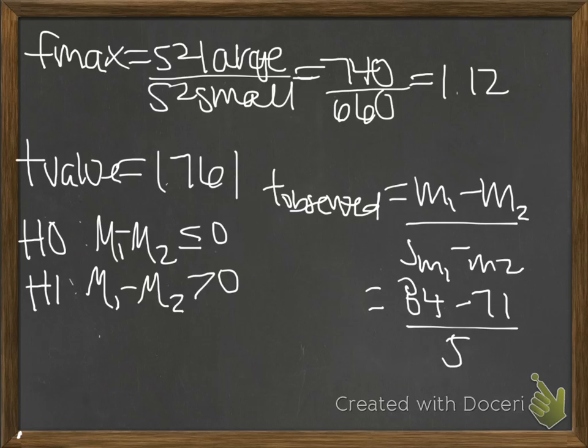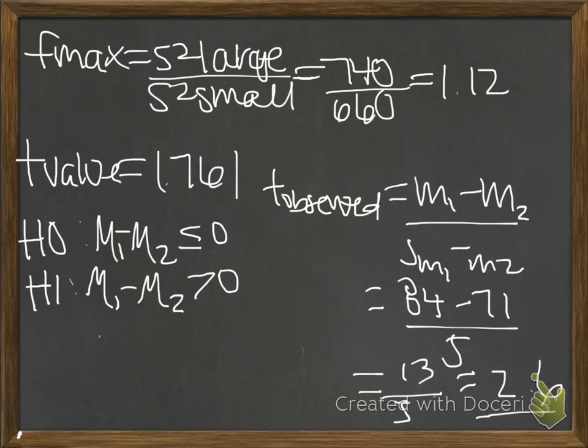We got the 5 from the estimated standard error, the 84 from the mean of type A in the chart, and the 71 is the mean of type B in the chart. You subtract those two and divide by 5, so that's 13 over 5, which ends up being 2.6. So now we can see that our t observed is 2.6.